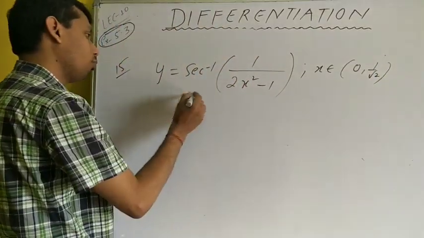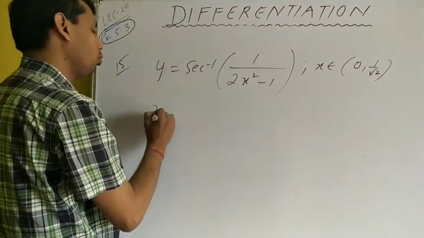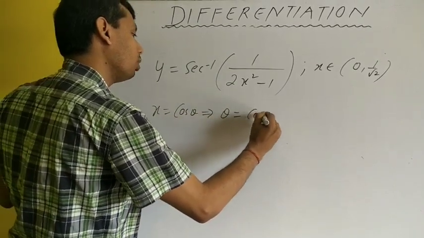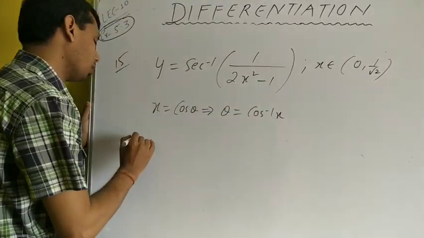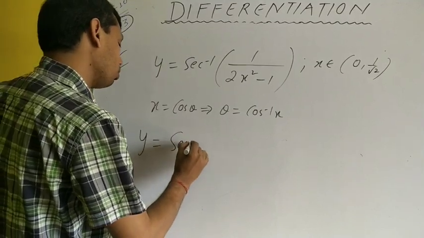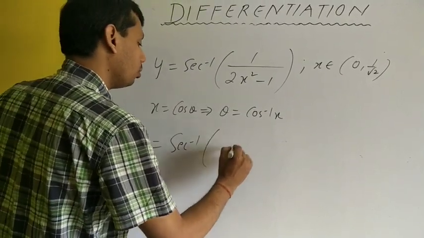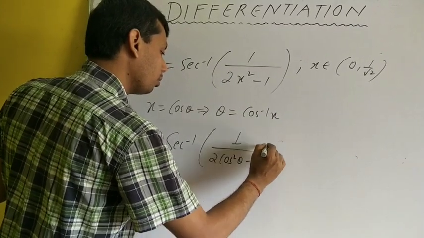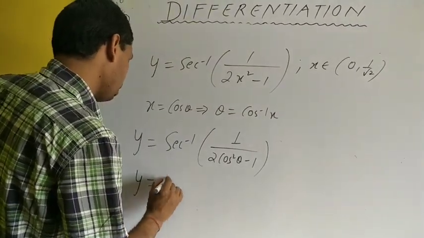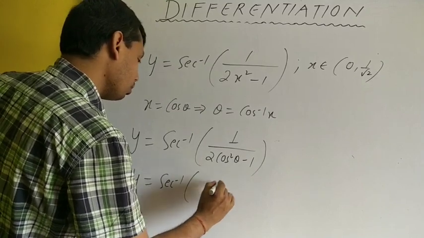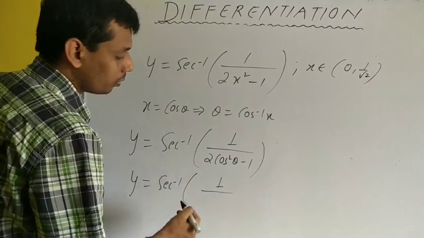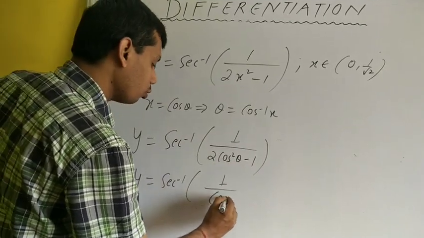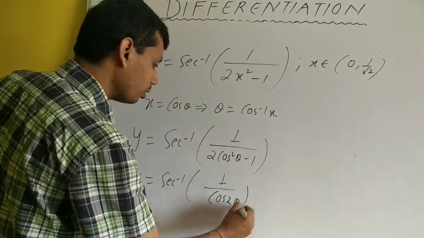Now see, if we assume x is equal to cos theta, this implies that theta will be equal to cos inverse x, or y is equal to sec inverse 1 by twice of cos square theta minus 1. Now see, twice of cos square theta minus 1, this is equal to what? Cos 2 theta, isn't it?